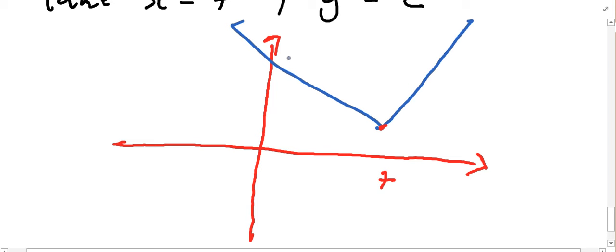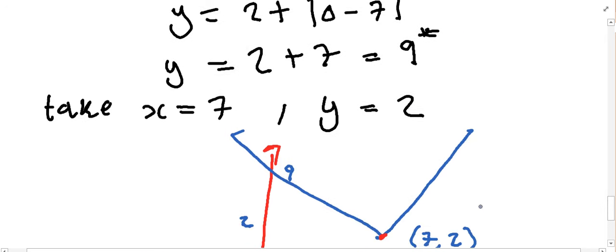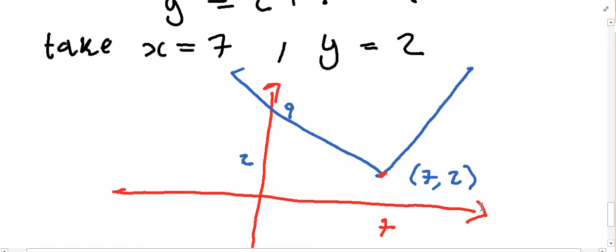Remember, there it was 9, and there it was 2. These are the points you really need to consider whenever you are sketching such a graph. So guys, this is how easy that question was.